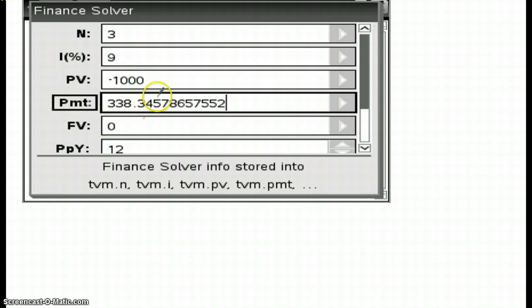And again, because that's a 5, we're going to take this 4 and round it up. So we're looking at $338.35. That's what he's going to pay per month, and he's going to do so in 3 months.